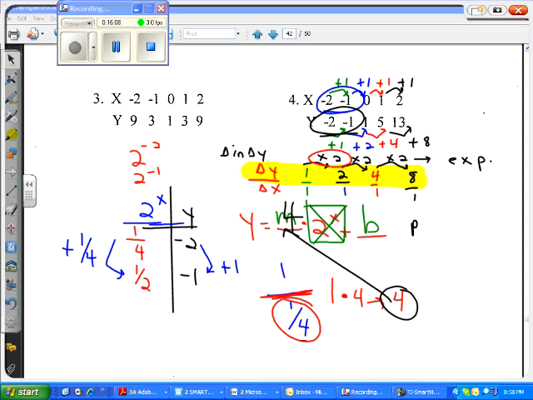And so then we're going to pick a point from our new table, like 1/4, -2. And I'm running out of space, so I'm going to do it over here.